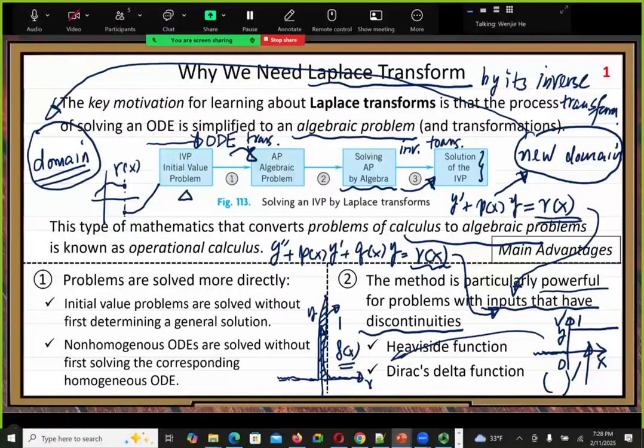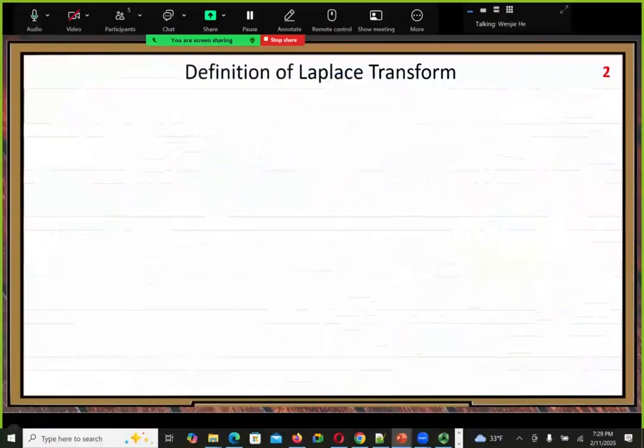The distribution has the same meaning as the generalized function. Just different people call it by different names. So that's this slide, to give you some background information.